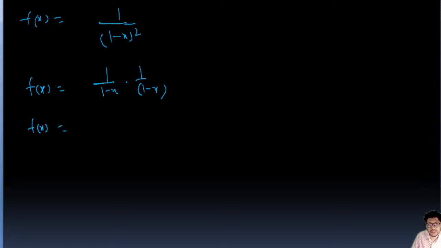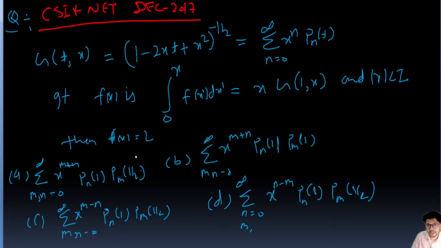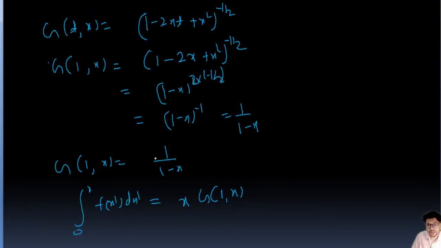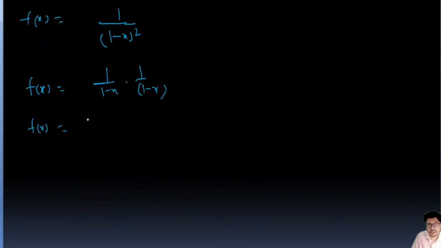We know this 1 upon 1 minus x is g1(x), right? So we can write gm1(x) into gn1(x), or we can write m n first and then m second.